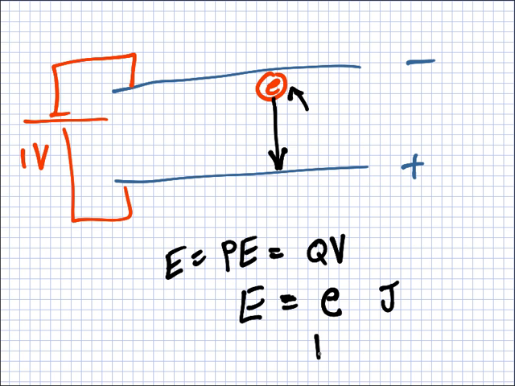We call this 1 electron volt of energy. In other words, you can think of it like this. 1 eV equals E joules of energy. So you can see it's a very small unit. It's like 1 electron volt is 10 to the minus 19 joules roughly.